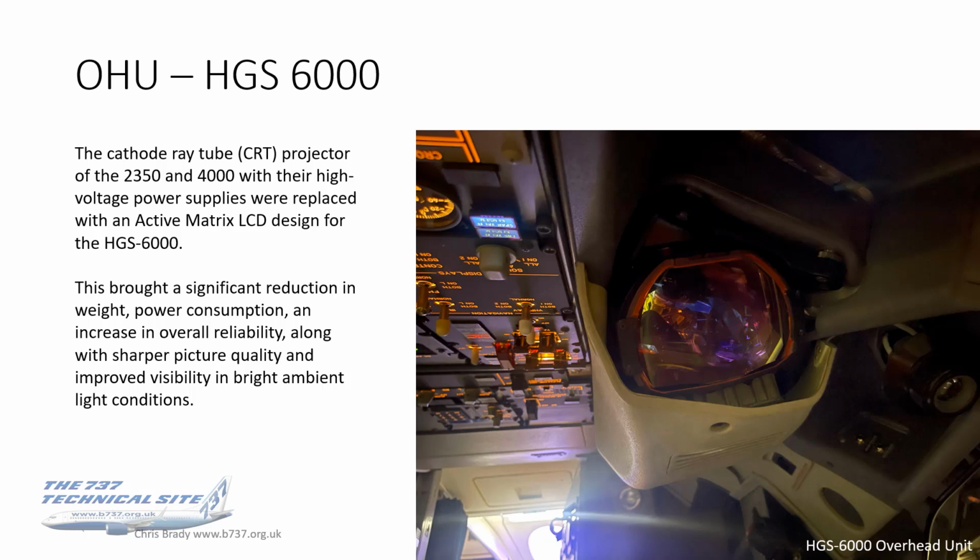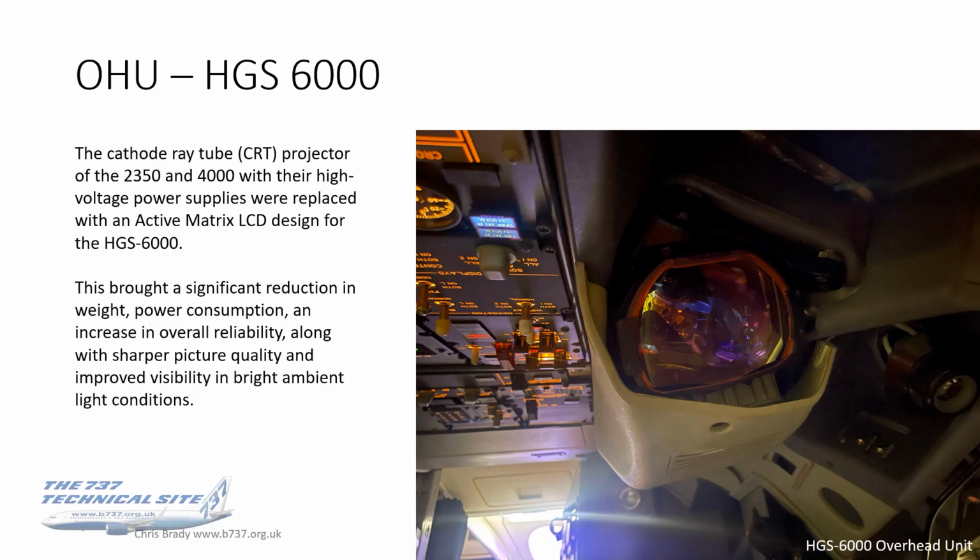For the HGS 6000, which is the latest of the 3 by Collins, the CRT has been replaced with an active matrix LCD design, and the big advantage for that is that it's a lower power draw.